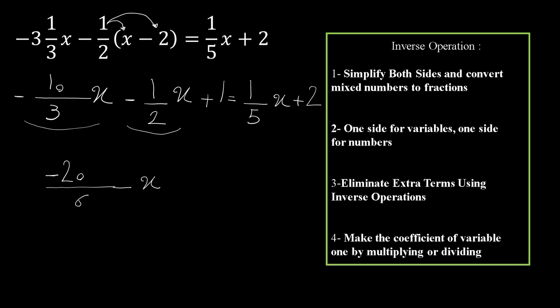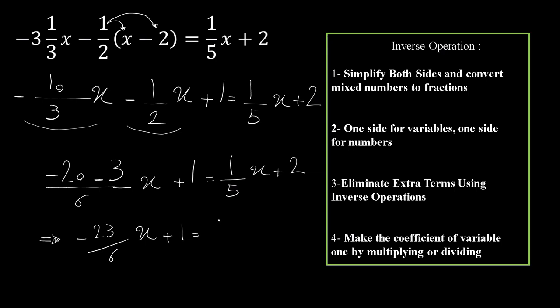So 1 must be multiplied by 3 too. It's going to be minus 3. And at the end, I have 1 and 1 over 5 x plus 2. So at the end, I'm going to have minus 23 over 6 times x plus 1 is equal to 1 over 5 x plus 2.